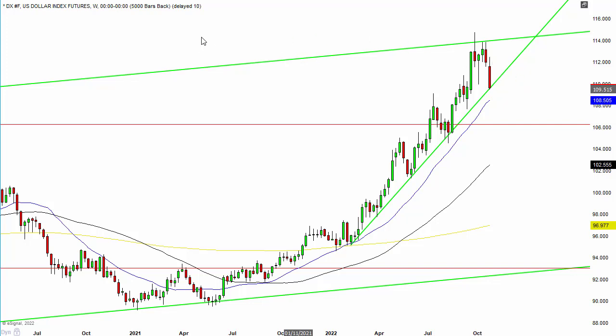So could a slightly tempered view, given the Federal Reserve is still going to be hiking interest rates, with the market still pricing in, I believe, a 75 basis point hike, be coming next week? And if that's the case, then we could see some more dollar selling.